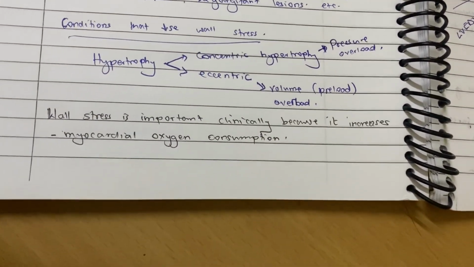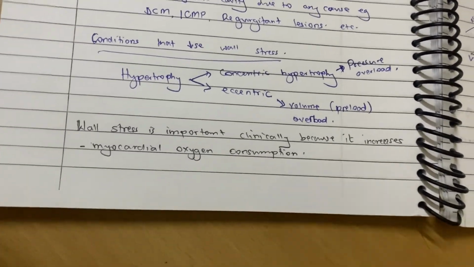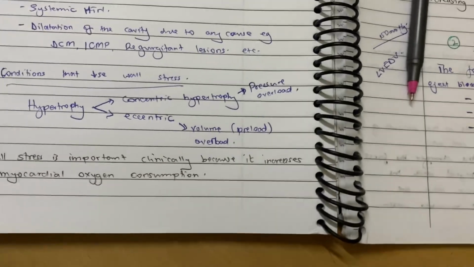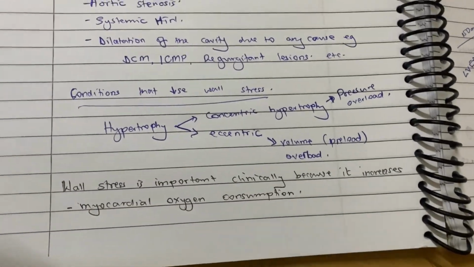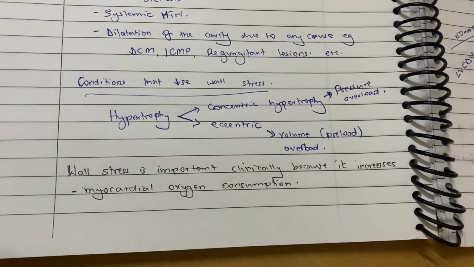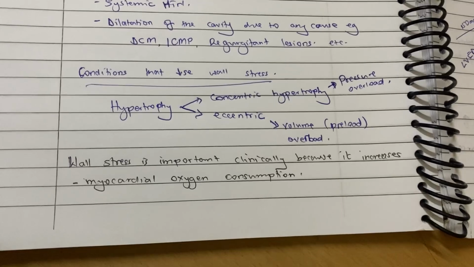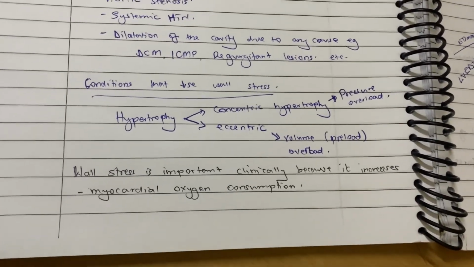Myocardial contraction is an active process that needs oxygen. We need ATP for contraction to happen. We also need ATP for relaxation to happen. We have calcium pumps there that need ATP to function.